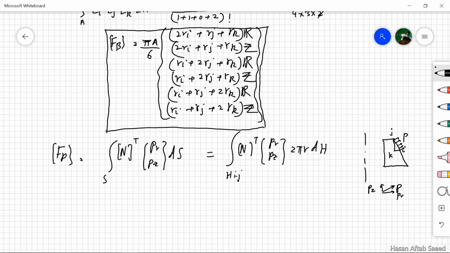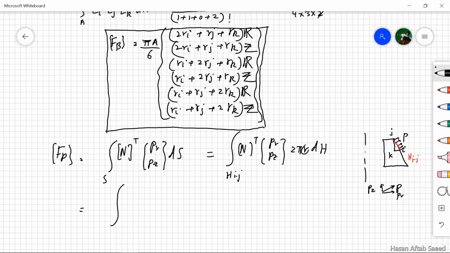And in this case, this line shown in red is hij, because the k node, though part of this element, has nothing to do with pressure force because it is interior to the surface.